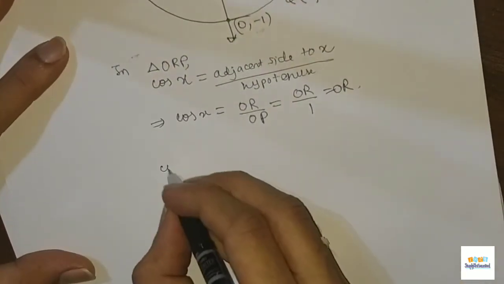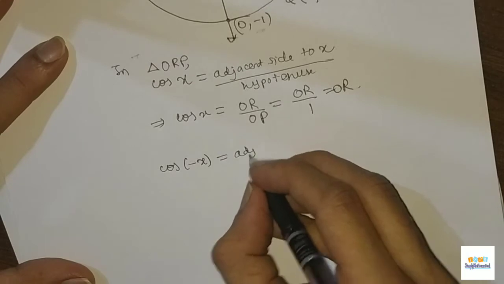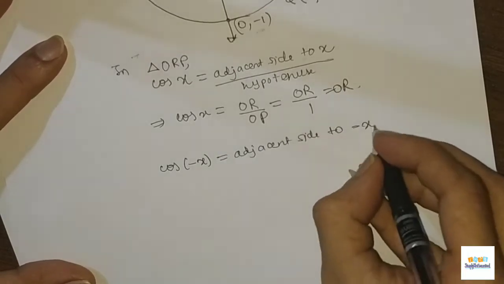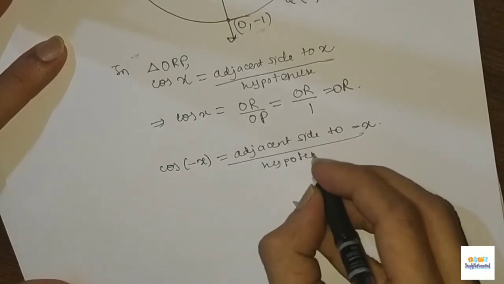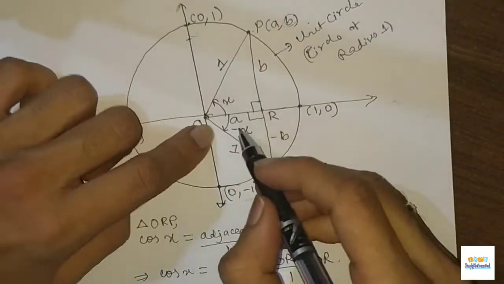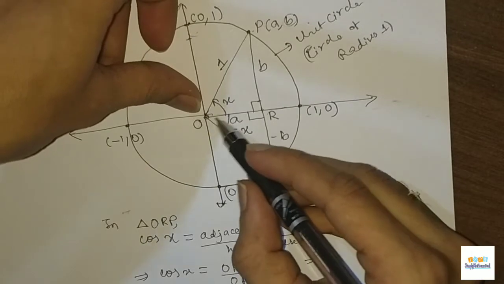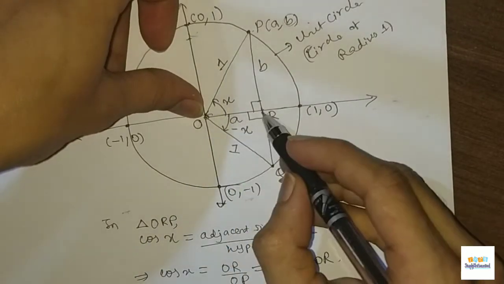Now if we look at cos of minus x, what is cos of minus x? It is the adjacent side to minus x divided by the hypotenuse. If you look at the angle minus x, the side adjacent to minus x is OR again. This side is opposite, this is adjacent, this is hypotenuse.